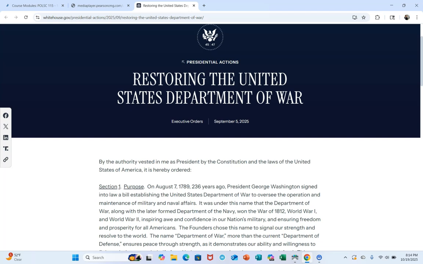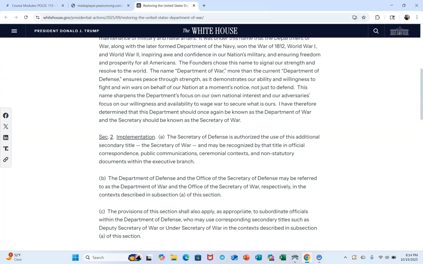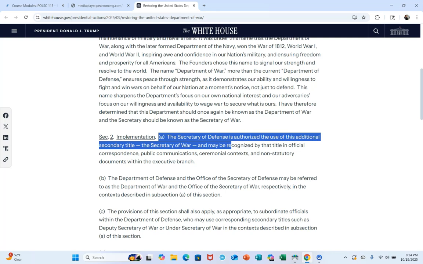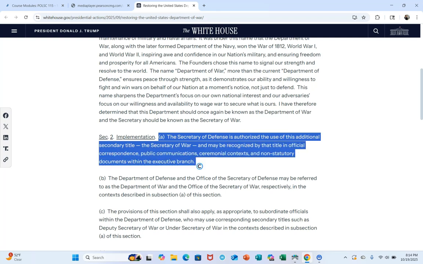So, from the White House, restoring the United States Department of War, Section 2, the Secretary of Defense is authorized to use this additional secondary title, the Secretary of War, and may be recognized by that title in official correspondence, public communications, ceremonial context, and non-statutory documents within the executive branch.